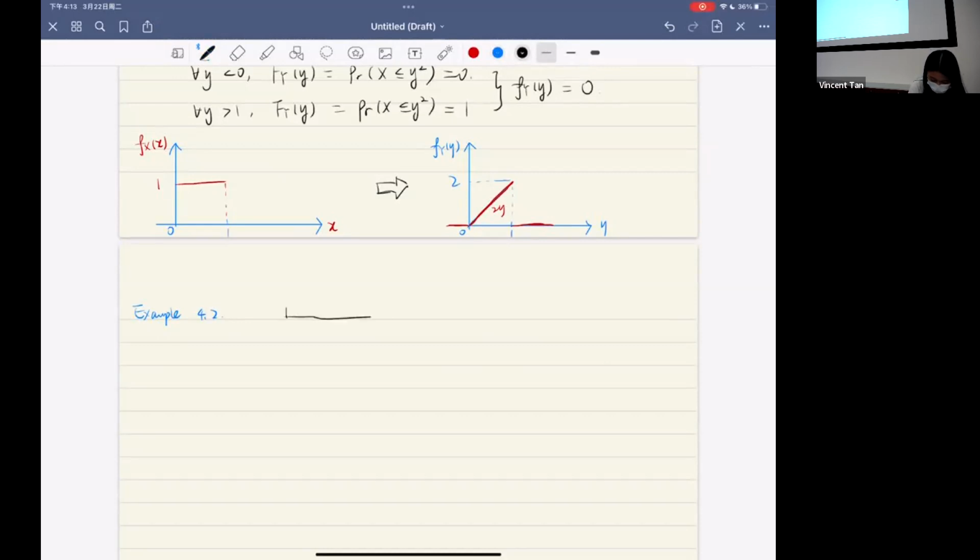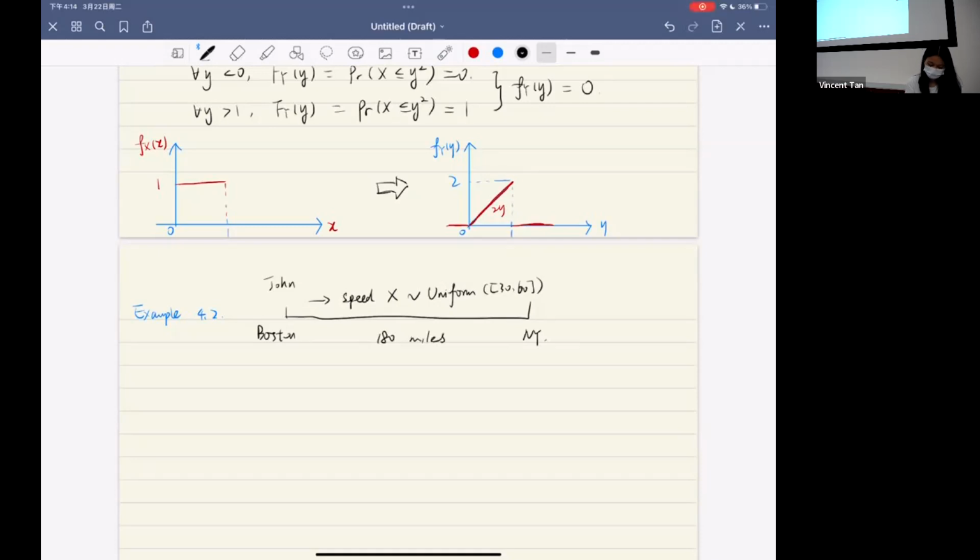For example, John wants to drive from Boston to New York at a speed of random variable. So the speed is a random variable x, which is uniform between 30 and 60. And from Boston to New York, there is 180 miles distance.